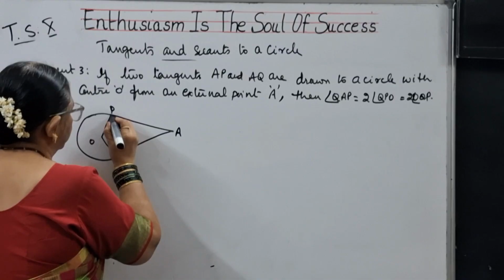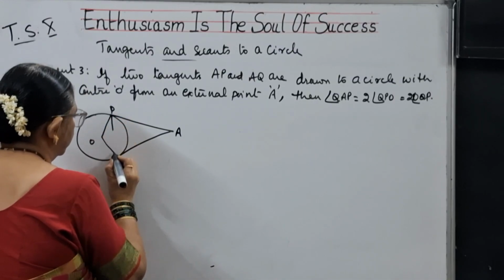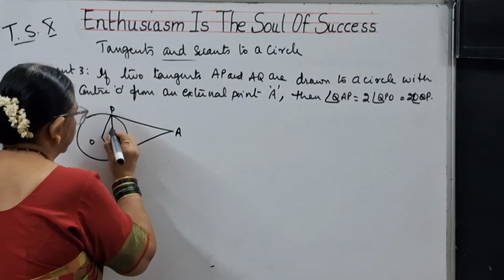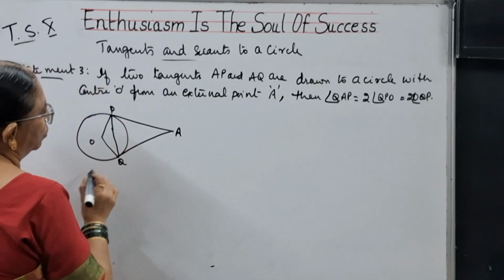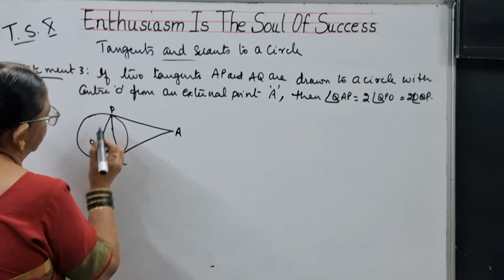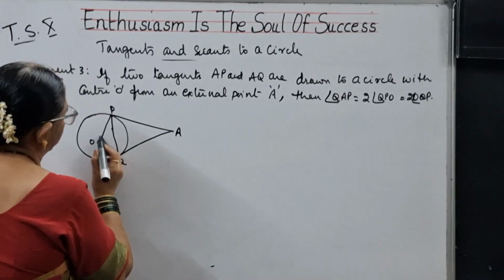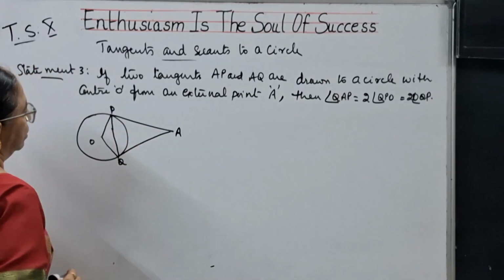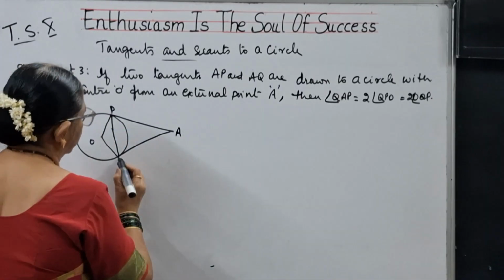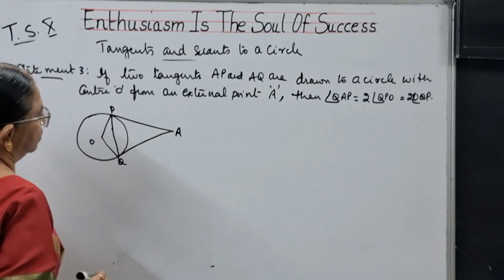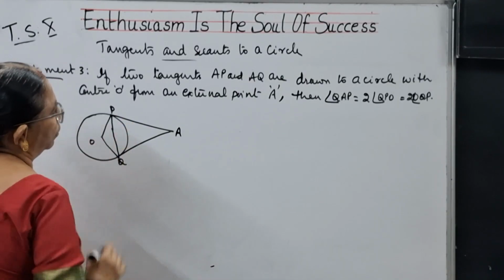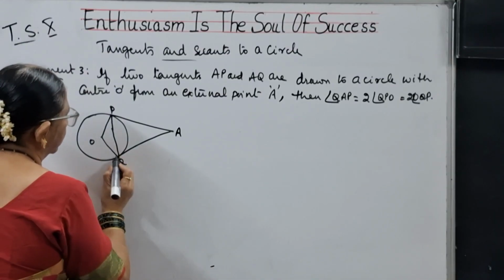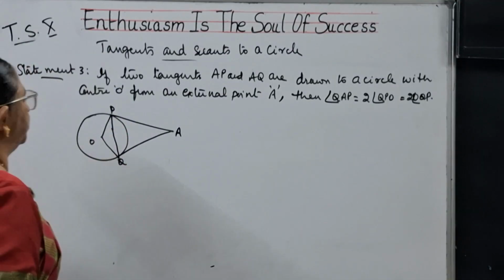OQP means you have to join this. 2 times of angle QPO and angle OQP. This you have to prove. Angle QAP is equal to 2 times of angle QPO, or it is OQP. This is what you need to prove.